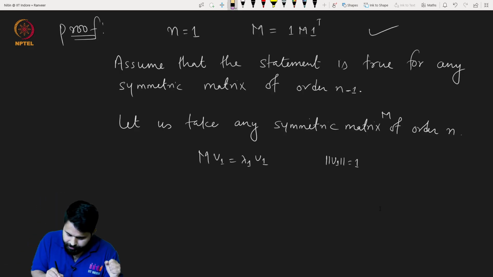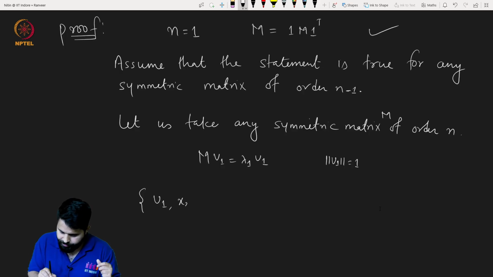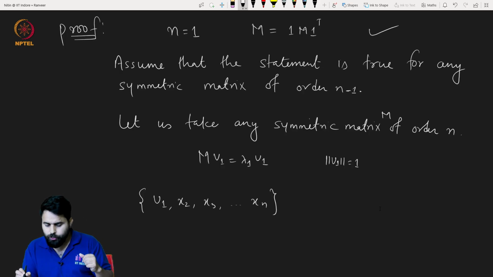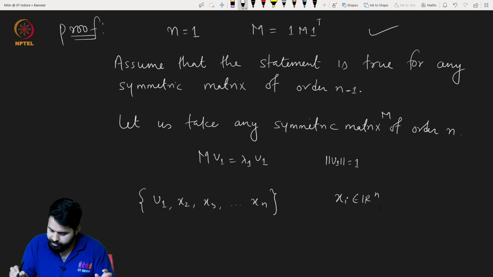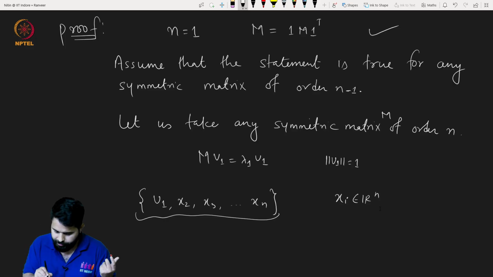Now I will make a very clever use of v1. Using v1 I will make an orthogonal set. Let me first write it, then I will tell you what I am doing. Basically I will choose x2, x3 up to xn vectors from Rn, so all these xi's are in Rn, such that this is an orthonormal set.